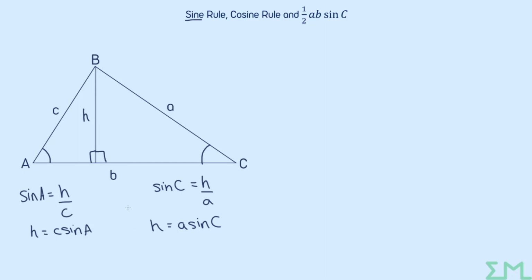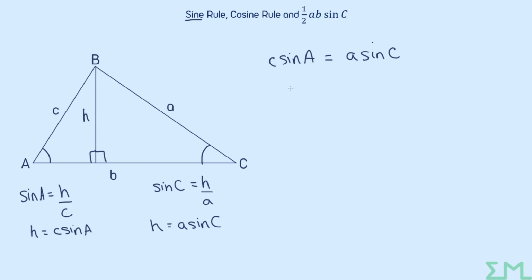So seeing as they are both equal to h now, I can come up here and write that c sine A is equal to a sine C. A slightly nicer way of writing this is to bring the a's together on one side and the c's together on the other side.